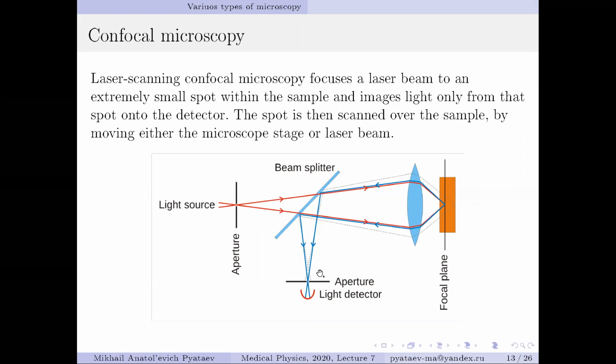This technique actually does not increase the resolution strongly. It increases resolution because monochromatic light is used. The source of light for this is usually a laser. It is a source of monochromatic light, but in addition to the increase of resolution, it allows us to increase the contrast of the object. That's why images created by this technique look much more informative than images created by normal microscopy.